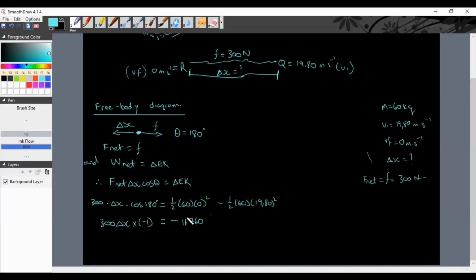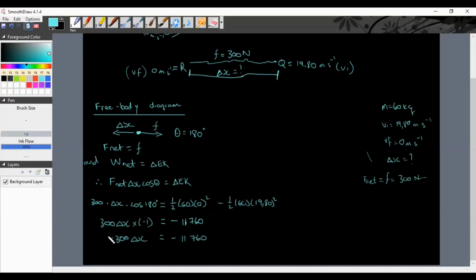It's still the same thing. There is obviously leeway for decimals. I just use the full decimal number. So this will give me negative 300 delta x equals minus 11,760.